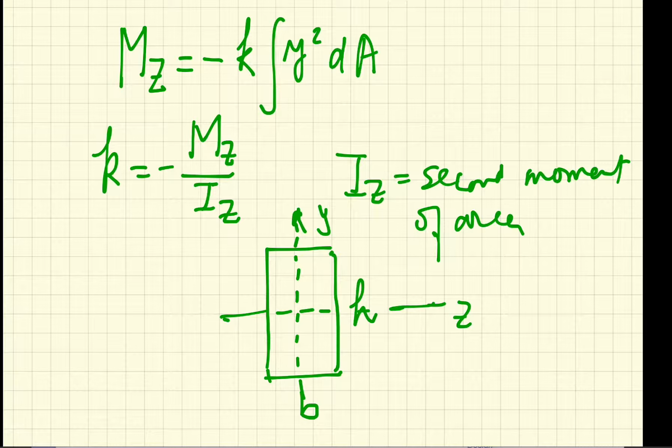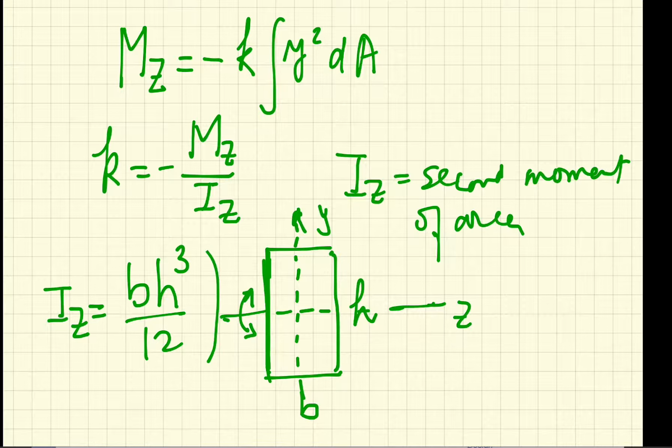We are bending about the z-axis, and the resisting part is this height h. Then the second moment of inertia of area is b times h cubed over 12. So this is a property of the area. For every area, we find the second moment of area, and we use it in beam theory.